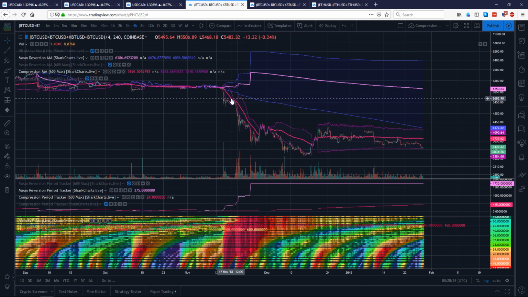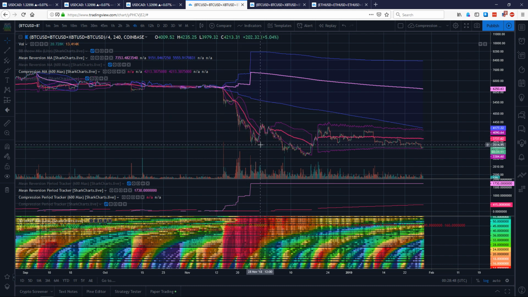Compression moving average here gets a mean reversion, reacts down, predicts a mean reversion, kind of gets it, reacts down, predicts a mean reversion. We cross. This is like a 20 to 30% move, something like that, 25-30% move.